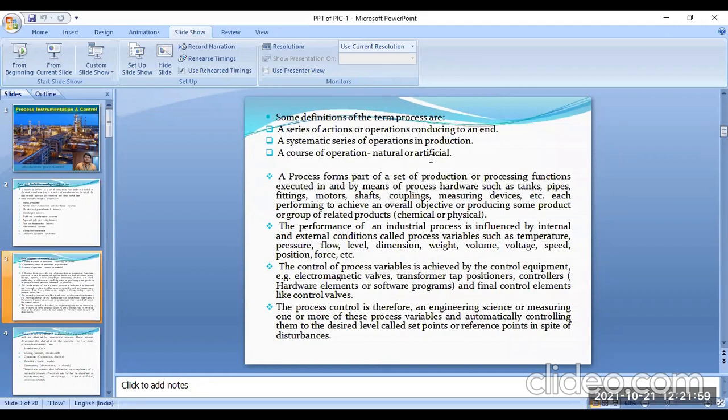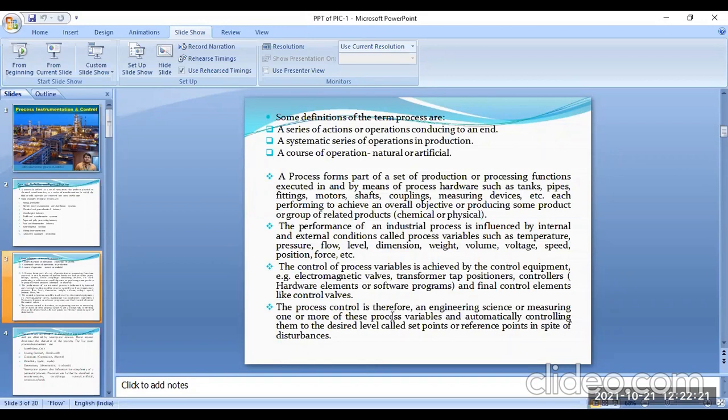So the operation is either natural or artificial. Concluding, a process plant is basically a set of different production units or processing units or functions.